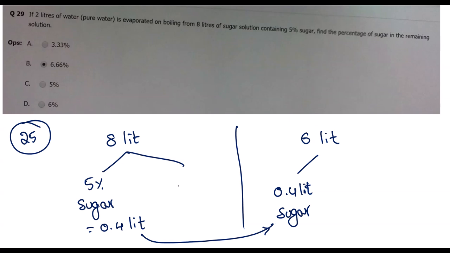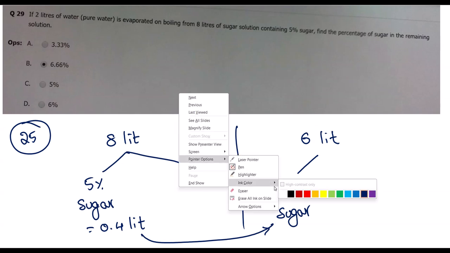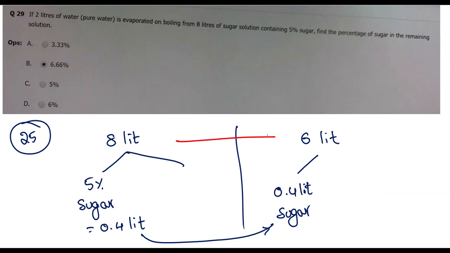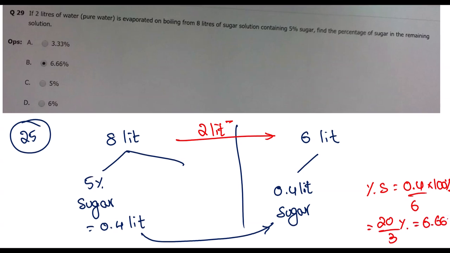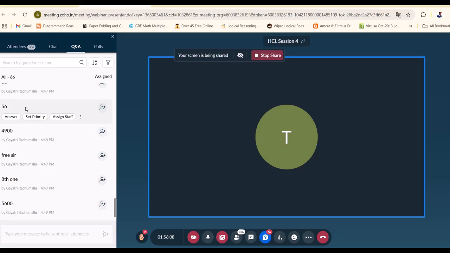Only water evaporated. Why 6 liters? 2 liters evaporated. Water only gone. 2 liters gone. Now what is the percentage of sugar? 0.4 divided by 6 into 100, which is 40 divided by 6, 20 divided by 3, which is 6.66%.